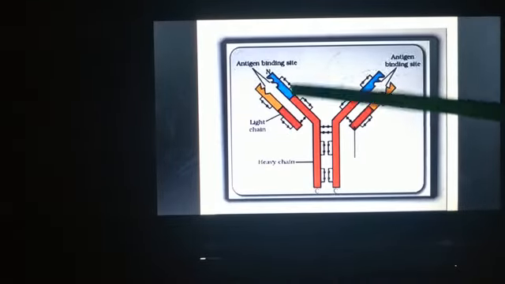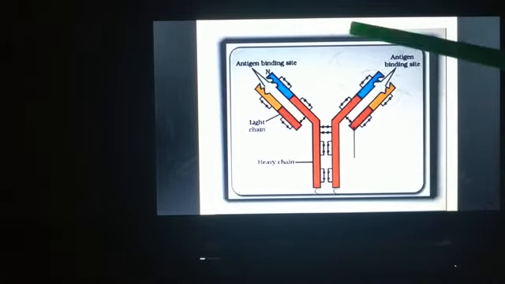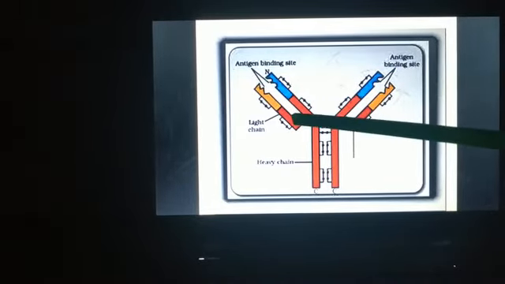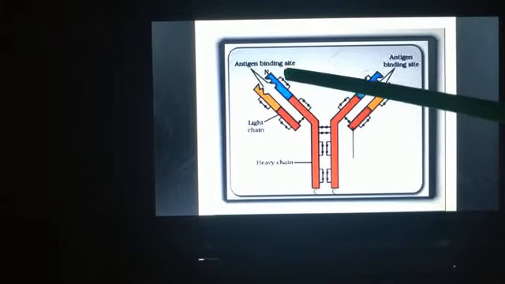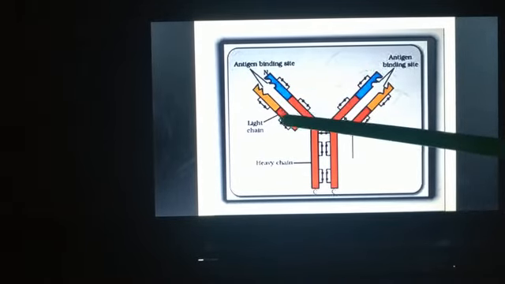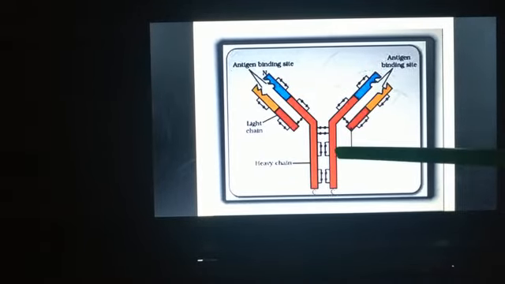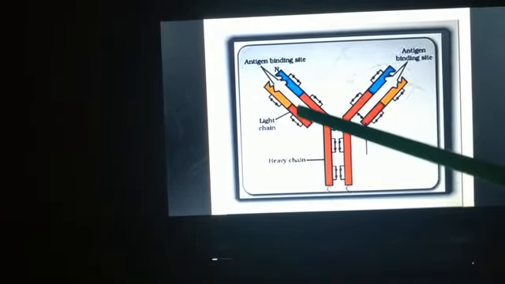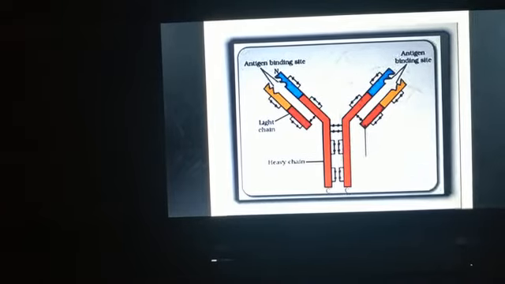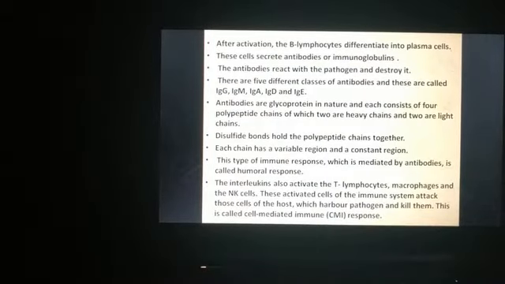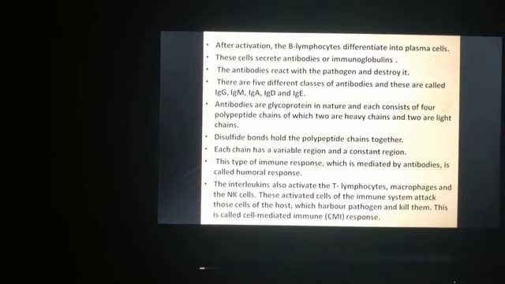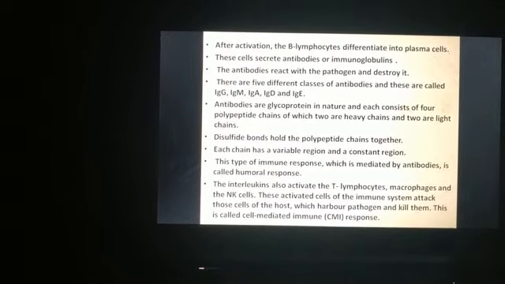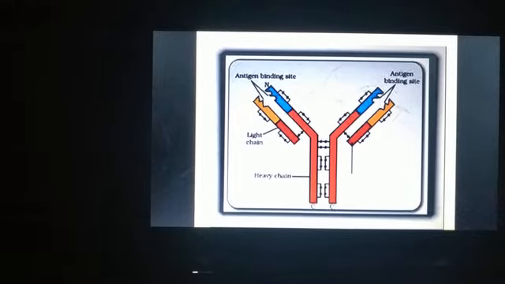See, this is the structure of the immunoglobulin. It consists of 2 light chains and 2 heavy chains. These 2 are the light chains and these are the heavy chains. Disulfide bonds hold the polypeptide chains together.